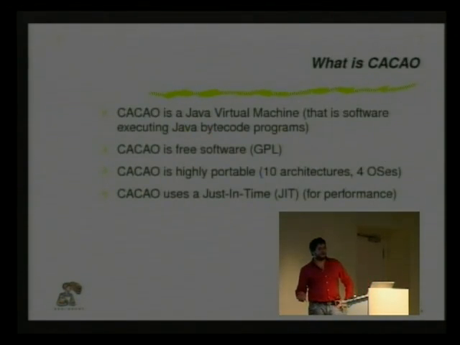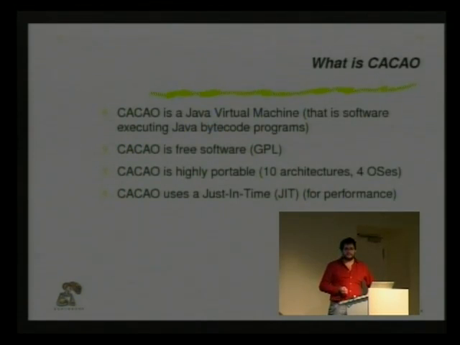CACAO is a Java virtual machine and I think you all know this, but it executes Java bytecode. The Java language is compiled into bytecode by the javac compiler, which is machine independent. On the host system or on the desktop computer or wherever a Java program is run, a just-in-time compiler or interpreter, but in our case a just-in-time compiler, comes into place and translates the bytecode into machine code, which then gets executed.